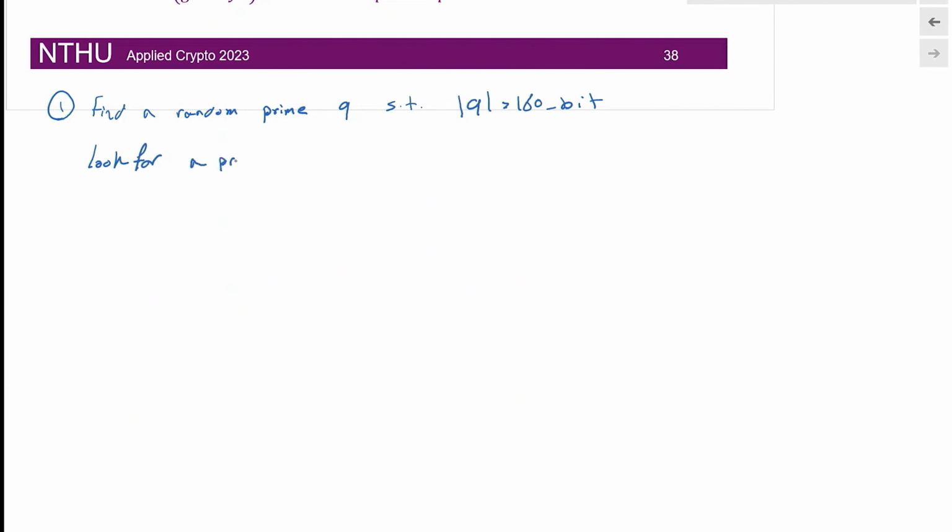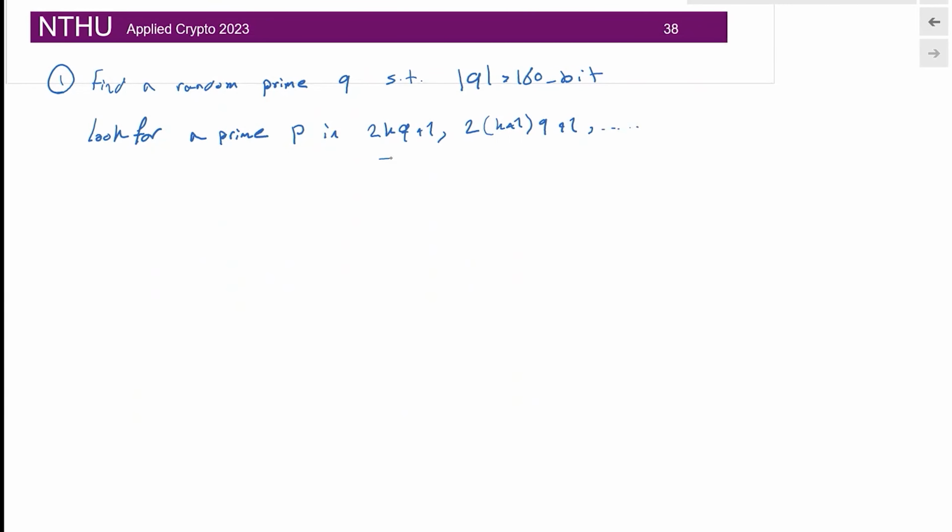So we find this Q, and then we look for a prime P in this sequence of numbers. We start with 2KQ plus 1, then (2K plus 1)Q plus 1, and so forth. We check, and this is not a prime. We continue, and we get the next number, not a prime.